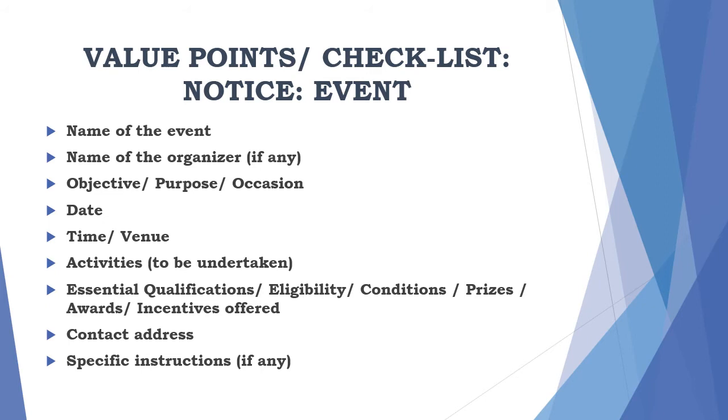You can include name of the event, name of the organizer if any, objective or purpose behind that event, date, time, place, activities to be taken, essential qualifications or eligibility or conditions, prizes, awards, incentives offered, contact address, and specific instructions if any.